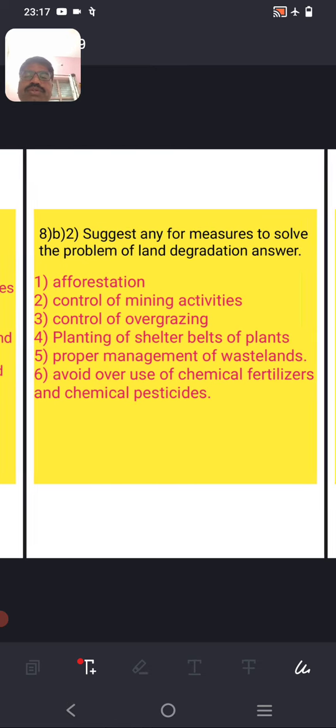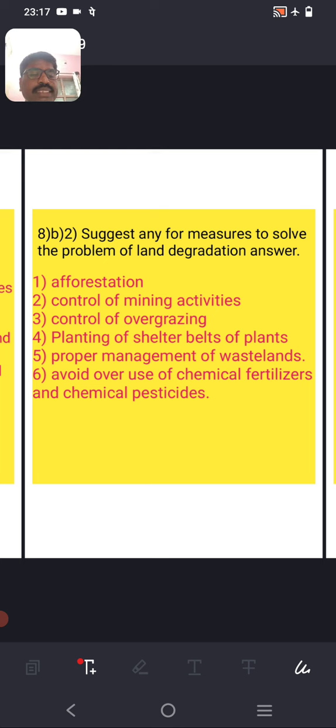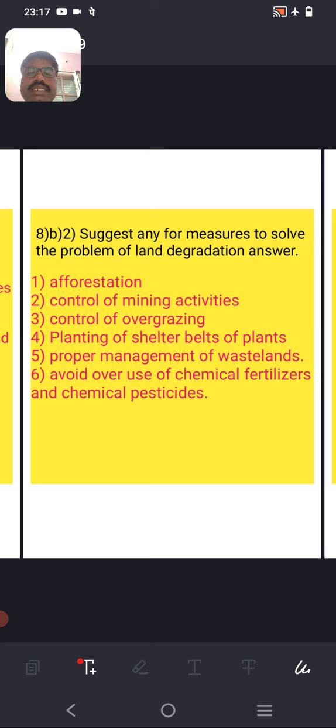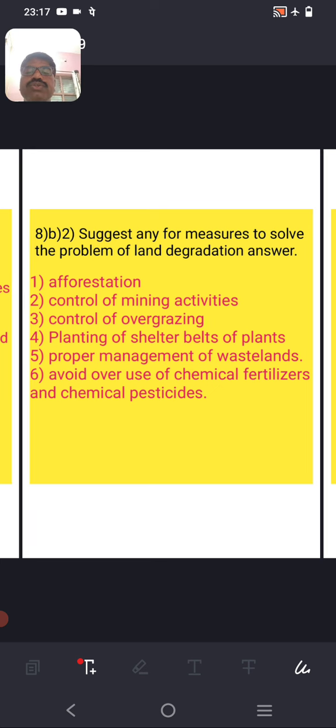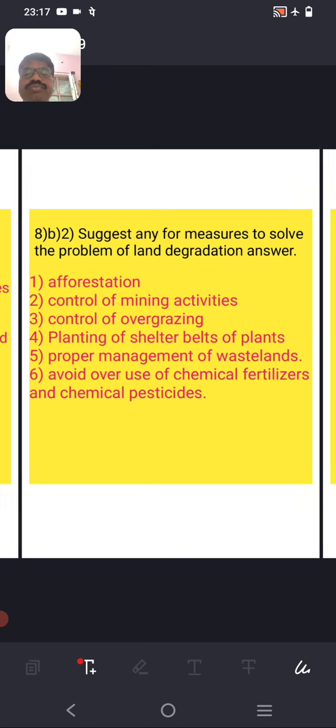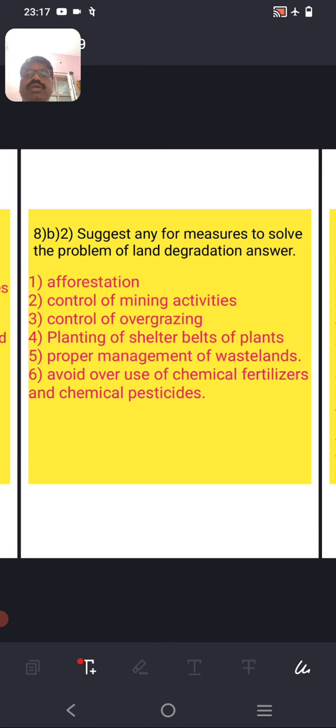The last question, 8th B2. The question is, suggest any four measures to solve the problem of land degradation. I am repeating the question again. Suggest any four measures to solve the problem of land degradation. Here, six measures are given.